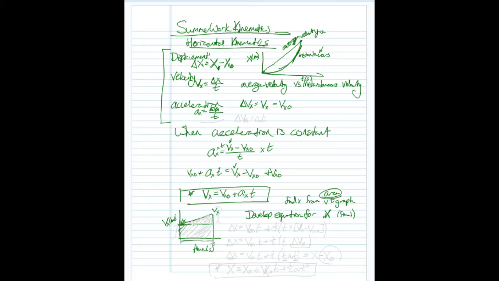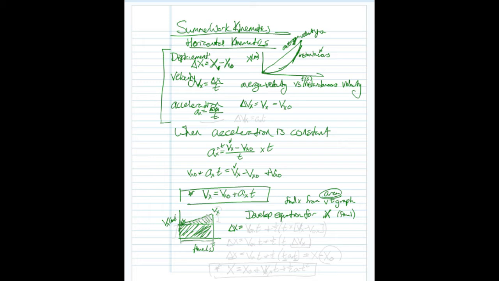I have a rectangle down here, and then I have a triangle up here. This will tell me the overall change in position. It won't tell me where I start and where I end, but it will tell me how much the object has moved. So I'm going to start off with the rectangle.